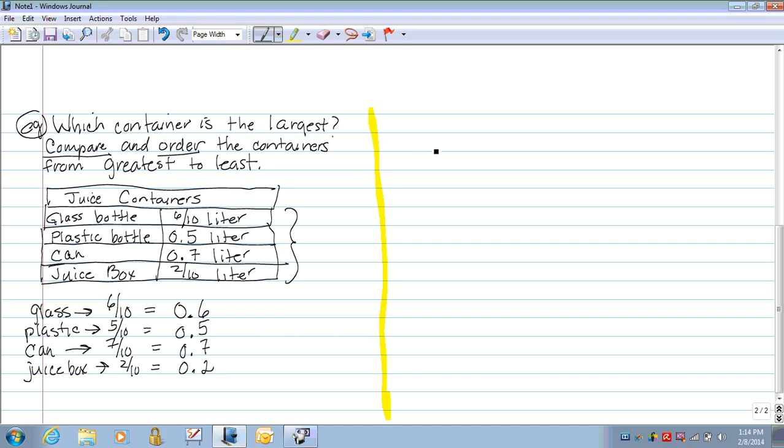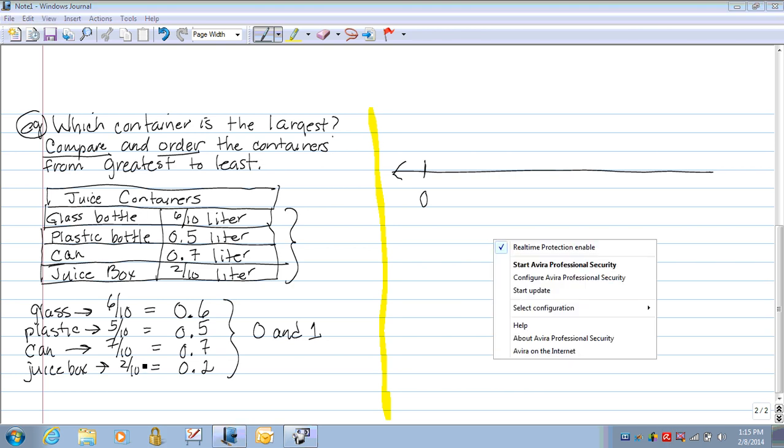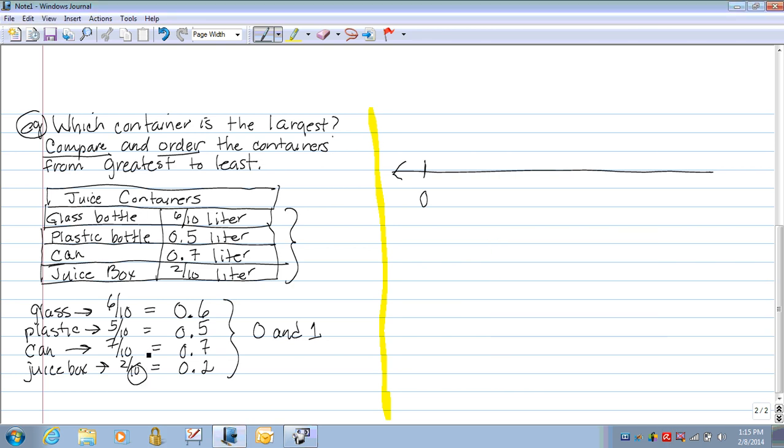Now, if I draw my number line, again, these fractional parts are going to be between 0 and 1. So here's 0, and I know they're in 10 equal parts, because my fraction tells me that.